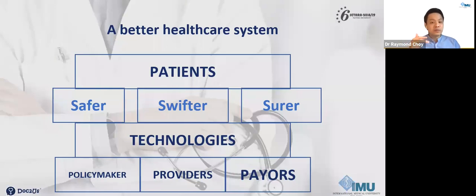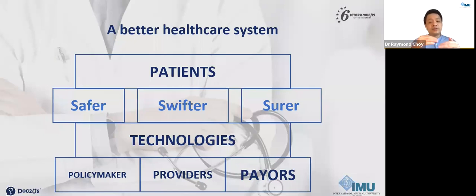A surer means we are practicing updated evidence-based medicine to ensure whatever the healthcare providers are practicing is evidence-based, safe, accurate, and precise, right? All through technologies, data analytics, AI and precision medicine and whatnot, right?